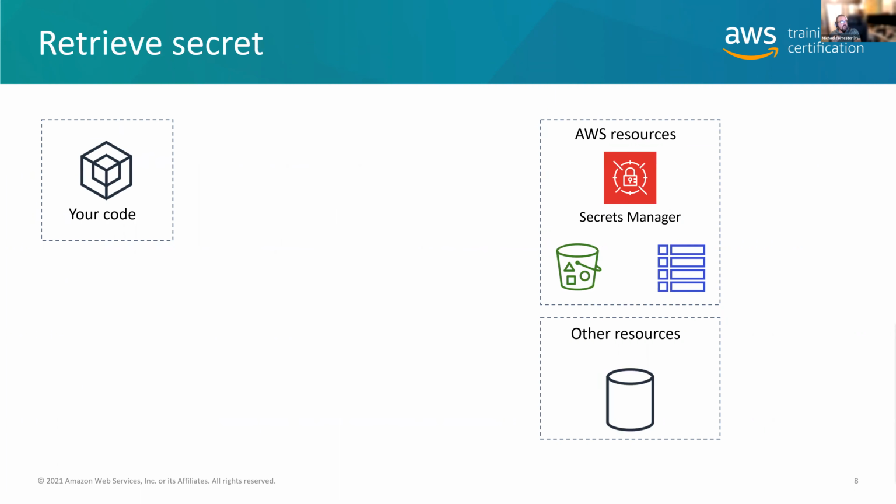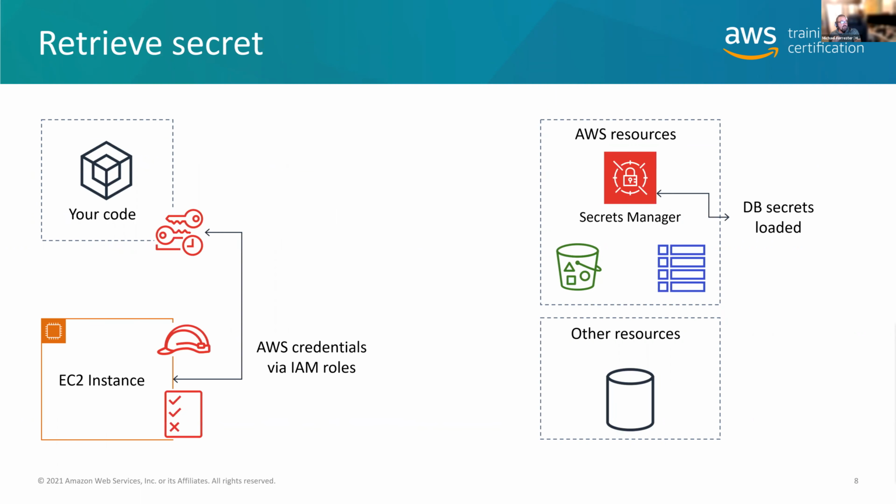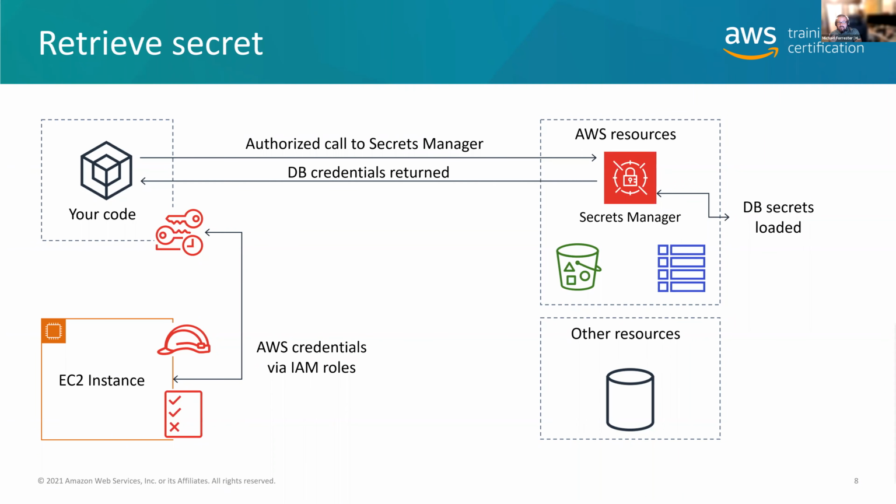In this particular case, you've got your code, and when it starts up, it has the proper permissions to call Secrets Manager and ask for a very specific secret. In this case, the database credentials are returned to the code, which then allows it to establish a connection with the database you're targeting.